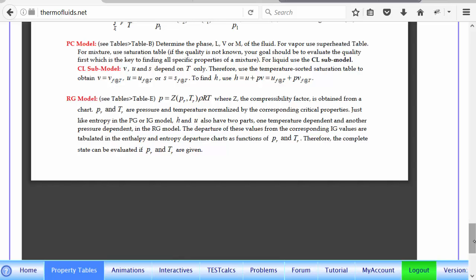It's theoretically very appealing, but its practical importance is only limited to fluids for which there is no table available, or a fluid which cannot be modeled by the perfect gas model or ideal gas model. So we'll stop here and we'll solve some examples of finding properties of gases which can be modeled by the perfect gas model.